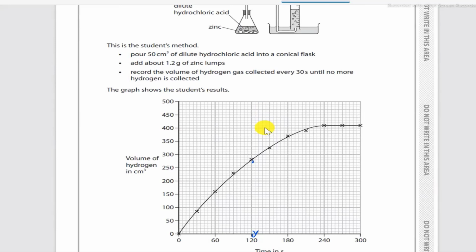So the curve will be curved like this, because the temperature is higher.